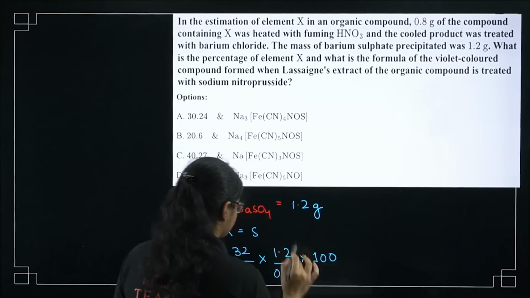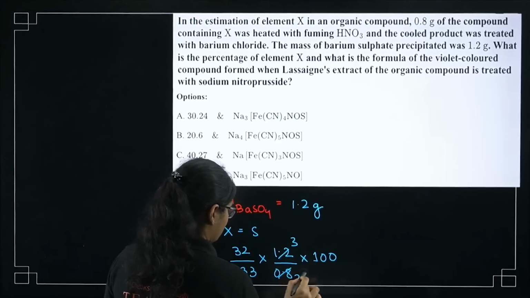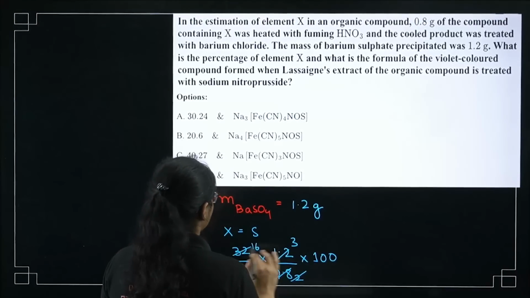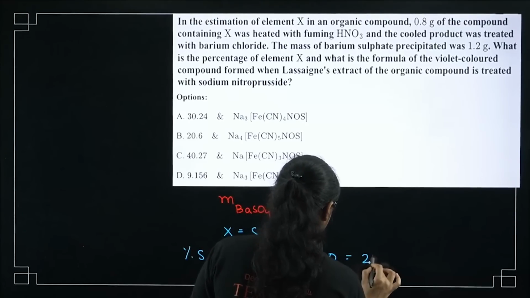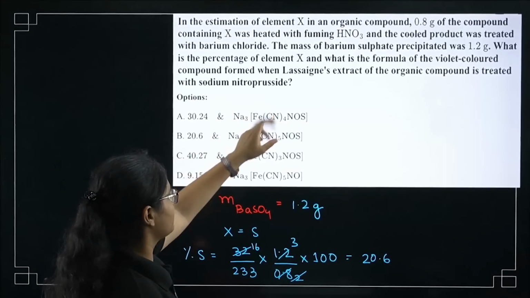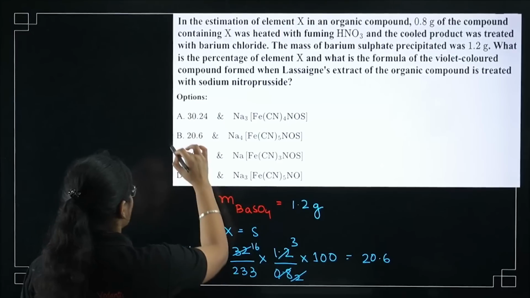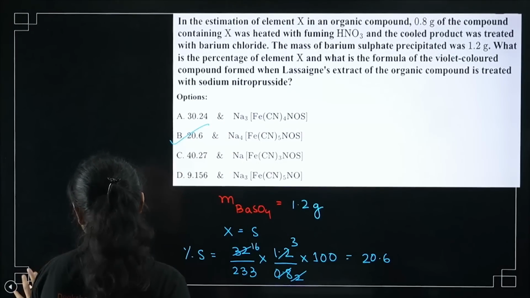Now if you solve this, you will get around 20.6, and then the compound that is formed is Na4FeCN5NOS, that is your option number B, the correct answer.